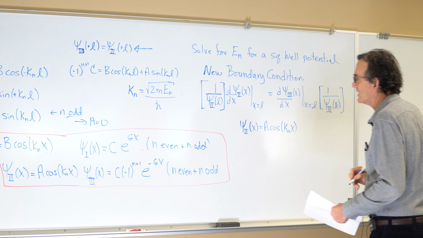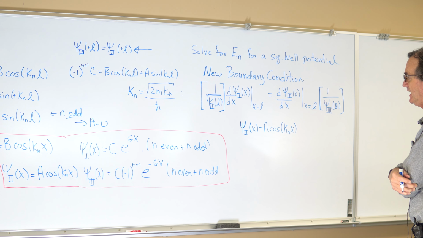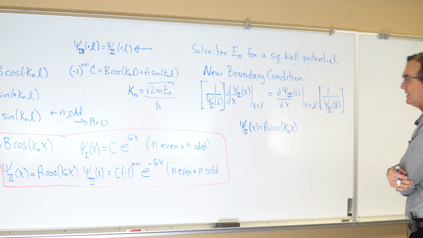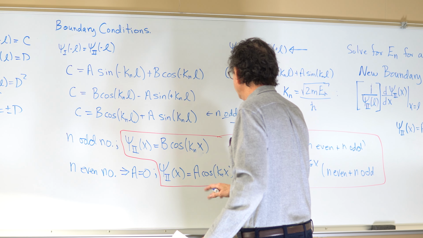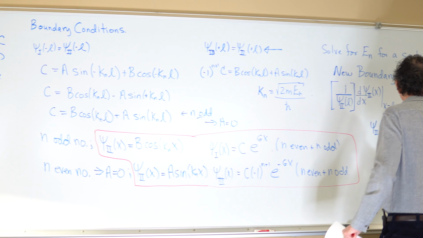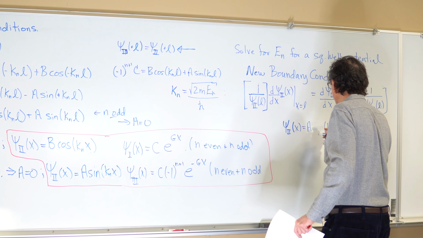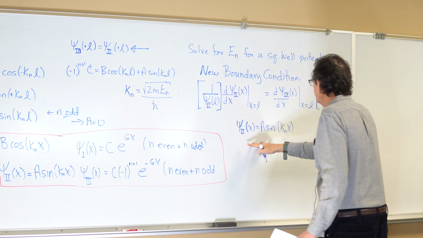This is on the side that you see here. And then I am going to look at region 3, and if n is odd in region 3, oops, I made a mistake here. If n is odd, this should be the sine function. And hence, this should also be the sine function, right? And I'm going to use this function in region 2.